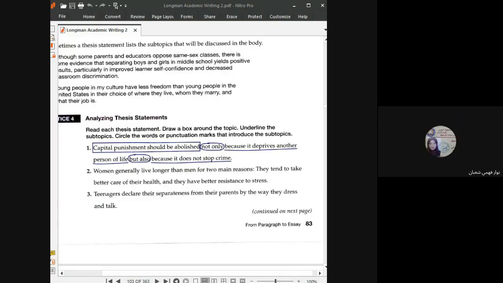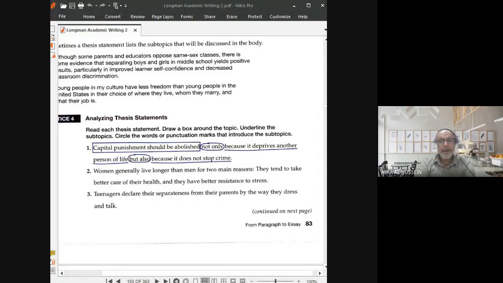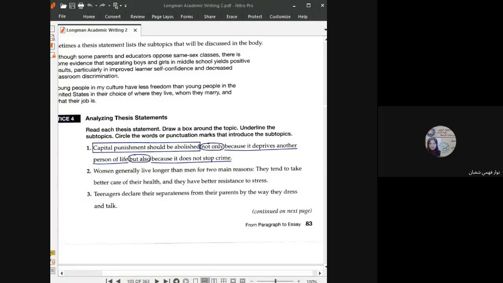So that's why capital punishment is considered the topic. Excellent. And as for the signaling of the sub ideas, which are not only, and regarding the sub ideas also, because they are part of the main idea and they're not derived from other topics, we can't call them subtopics.